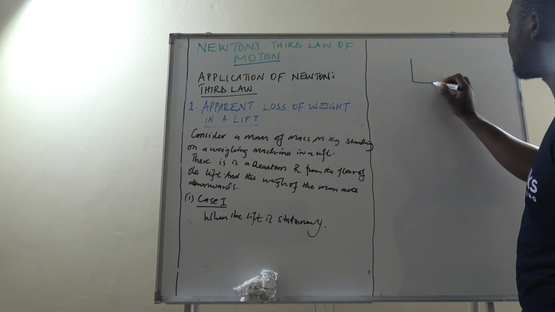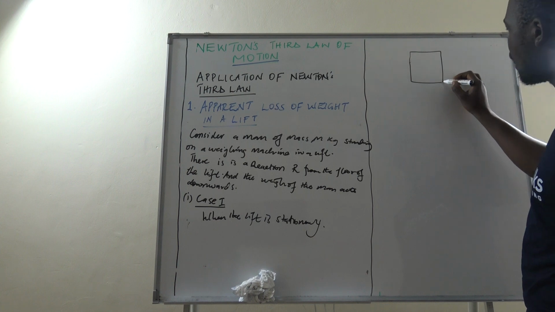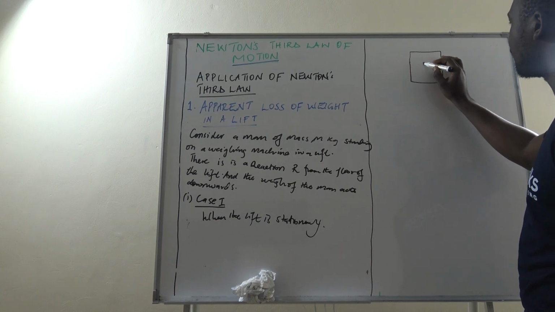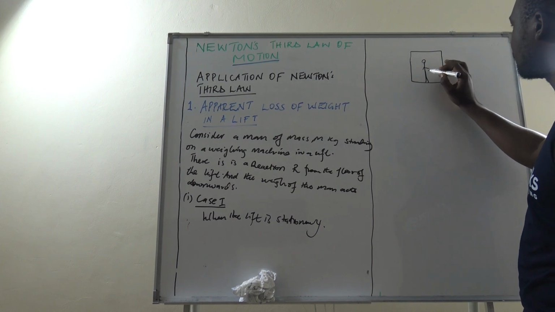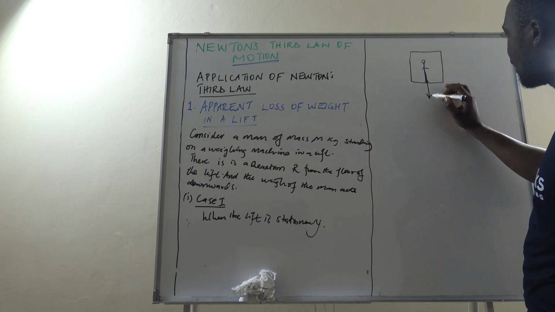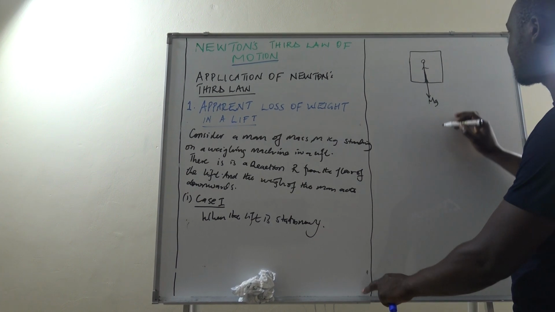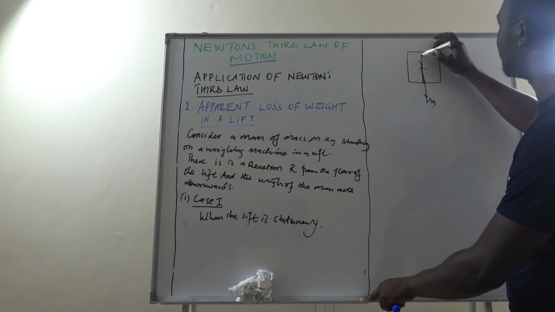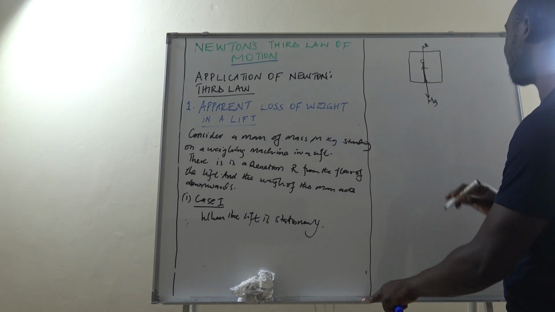If this is our lift and this is the person in the lift, his weight mg will act downwards, and there will be a normal reaction in the upward direction.